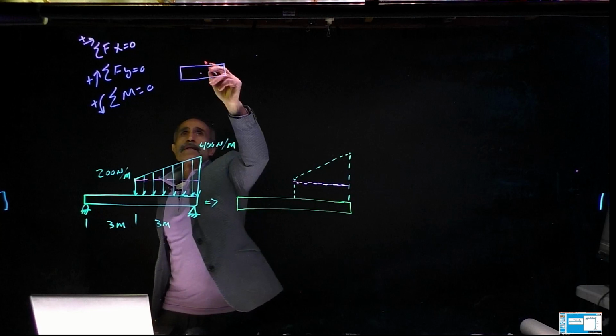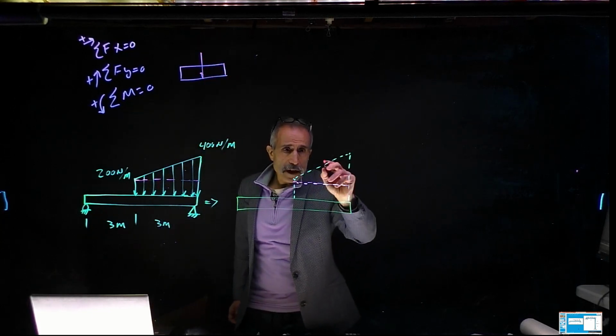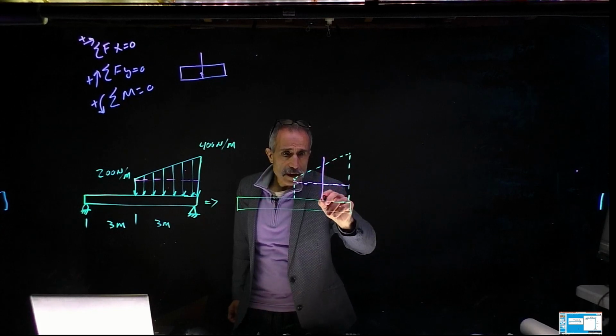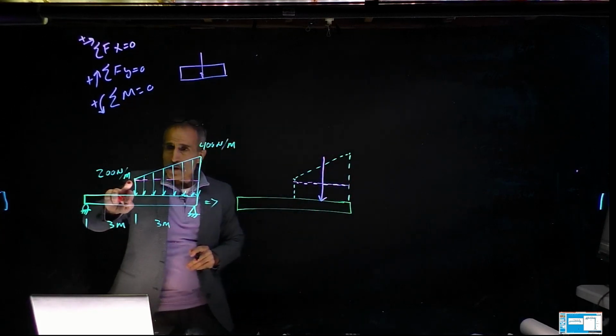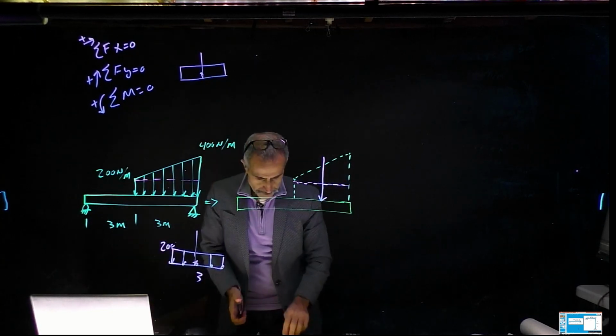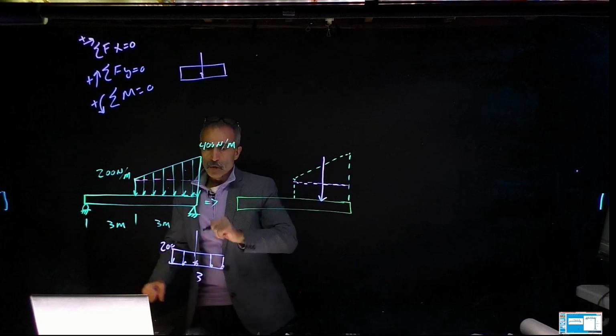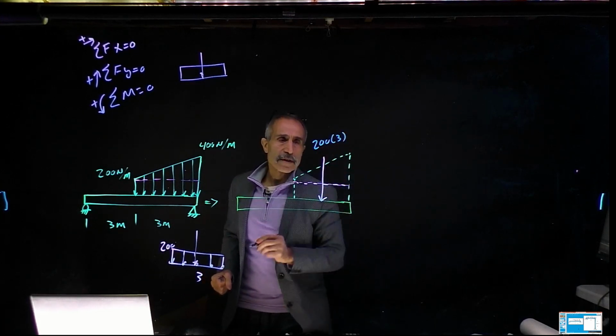So if I replace this, there'd be a load right down the center. And this shape is 200, so the magnitude is 200 by 3 meters, which is 200 times 3, which is 600.